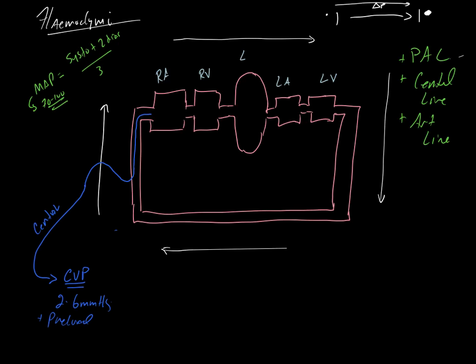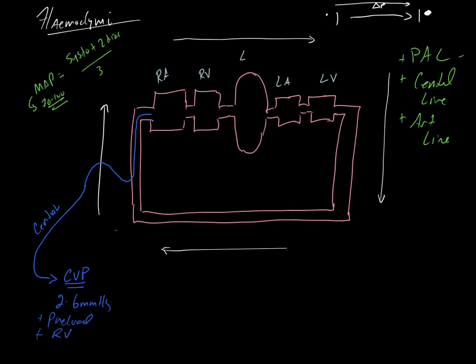All right. And it also tells me about how well the right ventricle is functioning, right? And possibly it might tell me some indirect information about the left side of the heart. Because if you have backup on the left side of the heart, right, that backup can be translated to the right side of the heart.